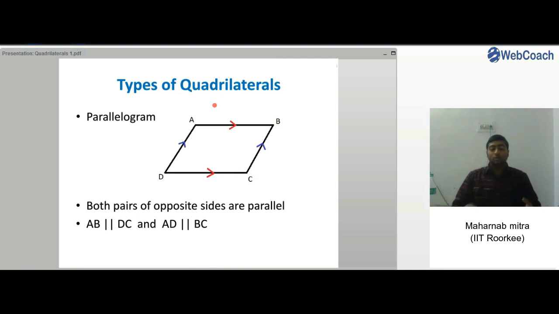Such figures with all the opposite sides parallel to each other are called parallelograms. So we have seen in a trapezium only one pair of parallel sides, but in a parallelogram both pairs of opposite sides are parallel to each other, right?